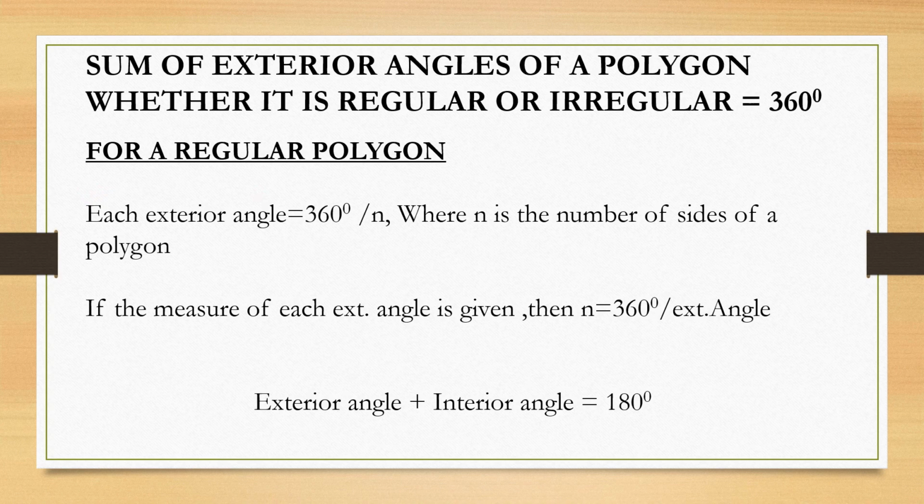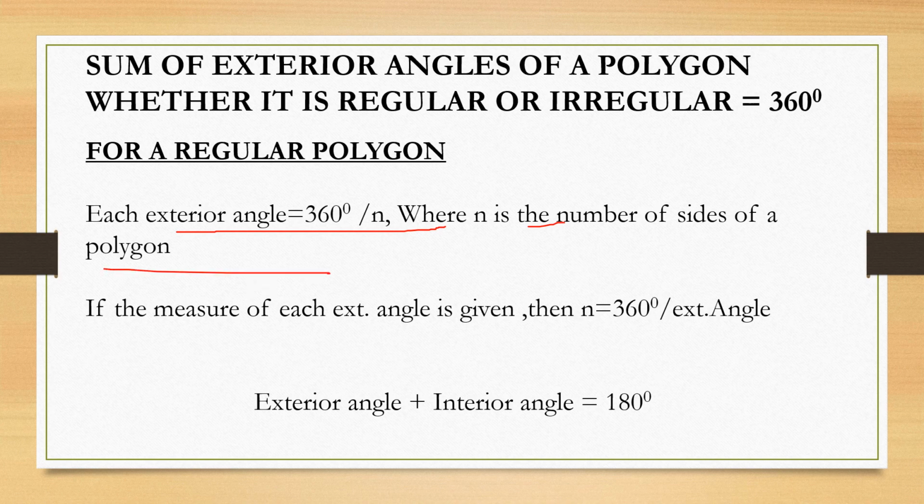Here we have some formula for regular polygon. In regular polygon, length of all the sides is the same, each interior angle measures the same, each exterior angle measures the same. So formula for each exterior angle is equal to 360 degree upon n, where n is the number of sides of a polygon.